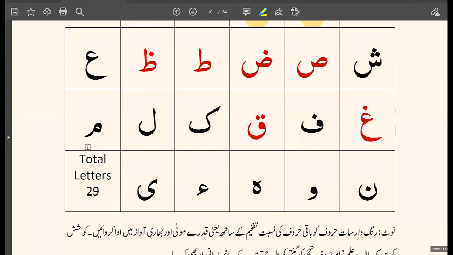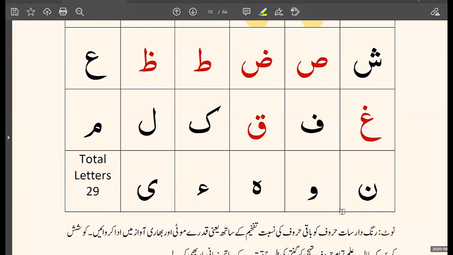Mim, not me, because there are 29 chapters in the Holy Quran which start from disjointed letters. These are very special letters, and mim is commonly used, in the beginning, alif lam mim. So mim, long mim, and noon.